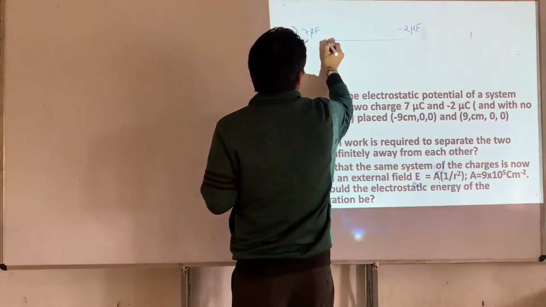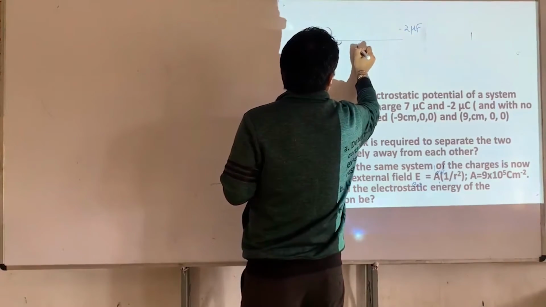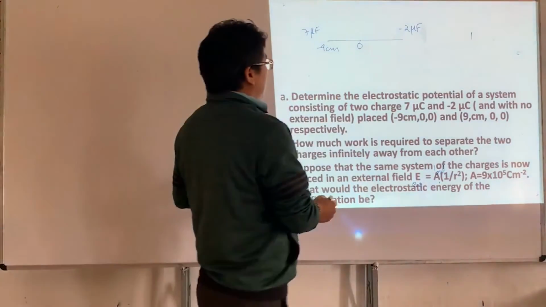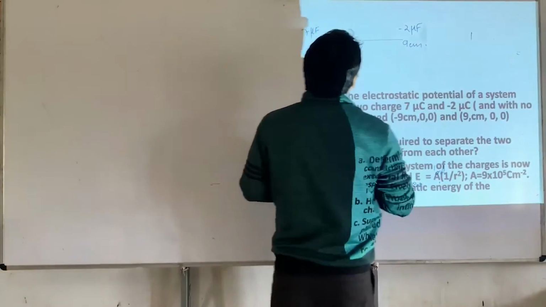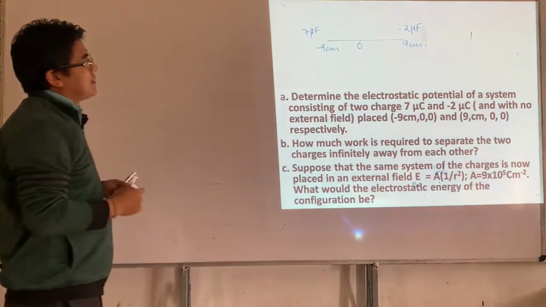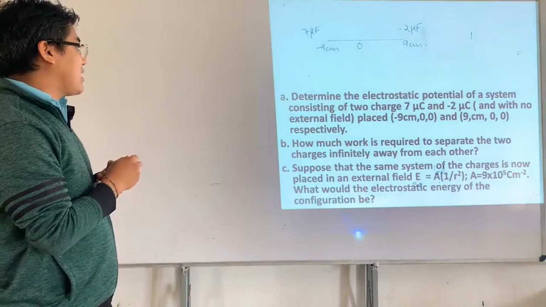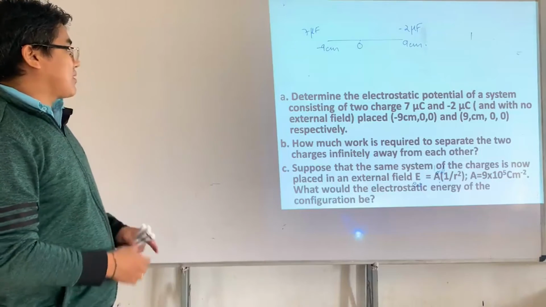This one is at minus 9 centimeters, let's say this is the origin, and this one is at plus 9 centimeters, along the x-axis. And you are asked to find the electrostatic potential energy of the system.